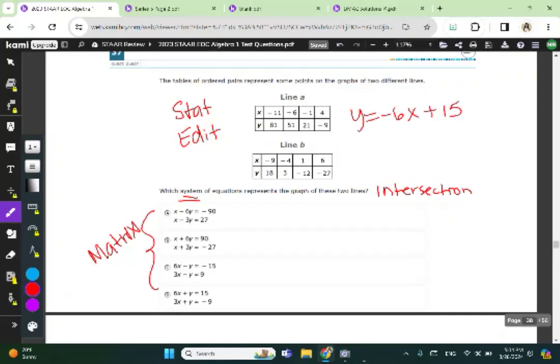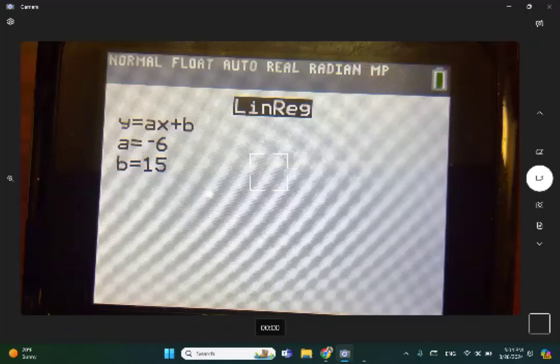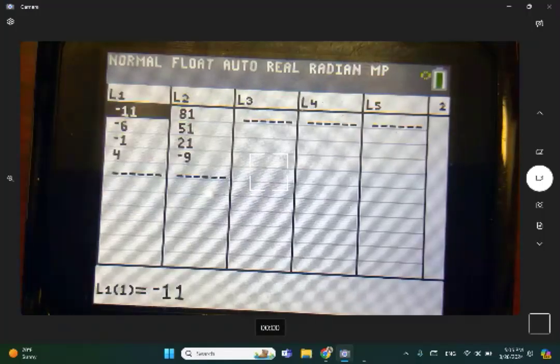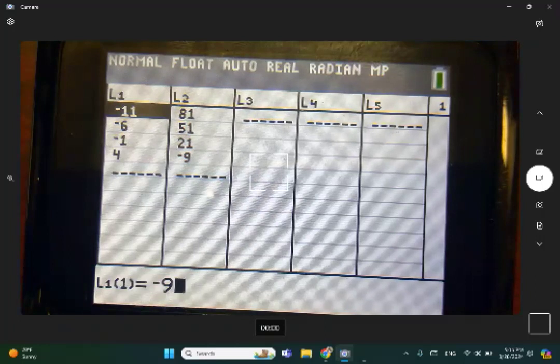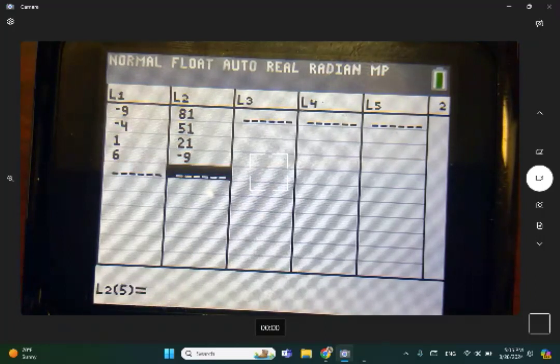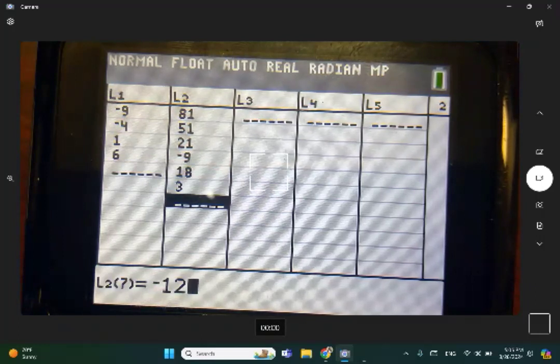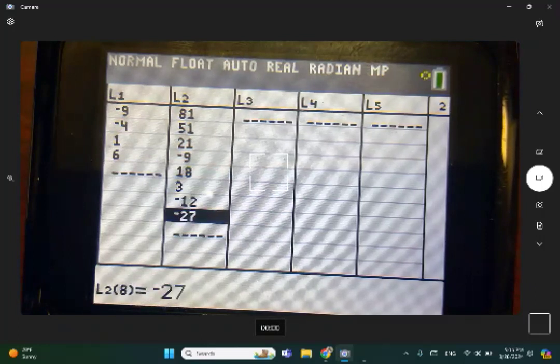Now I'm going to do it for the second one. Stat edit. Negative 9, negative 4, 1, 6, 18, 3, negative 7. Oh man, I didn't even pay attention to the fact that I did that.